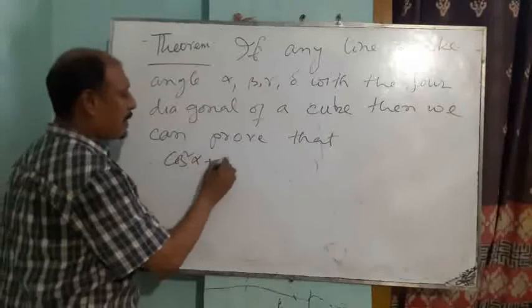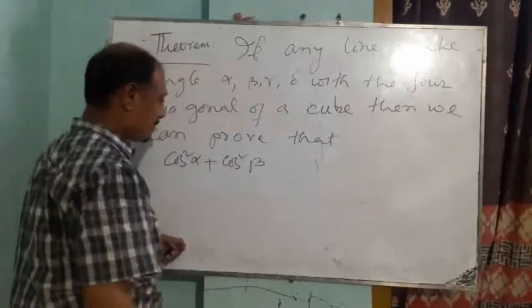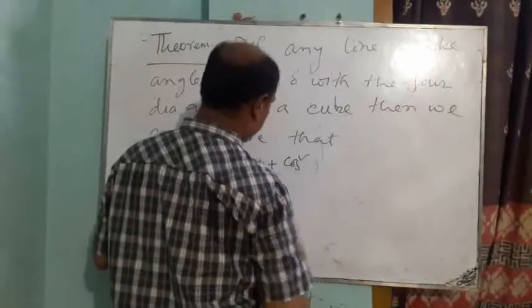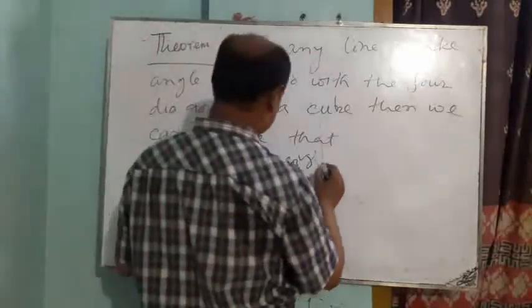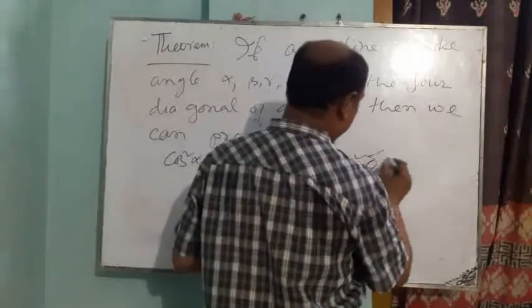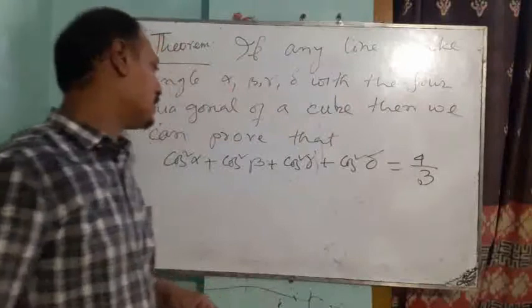Cos square alpha plus cos square beta plus cos square gamma plus cos square delta equal to 4 by 3.